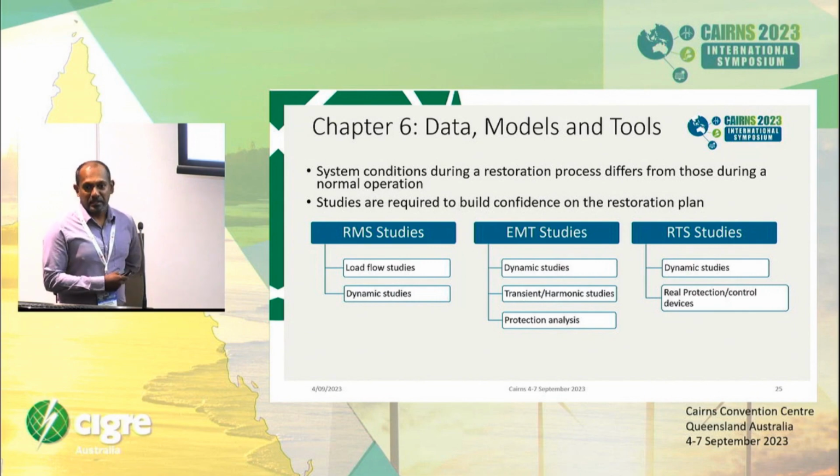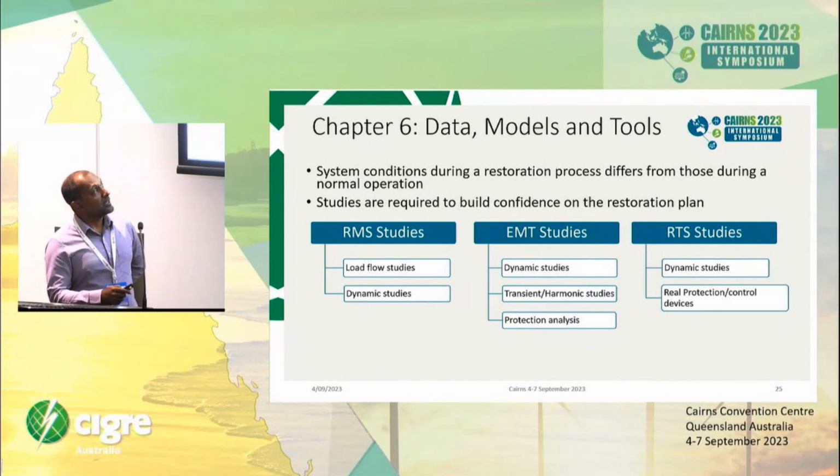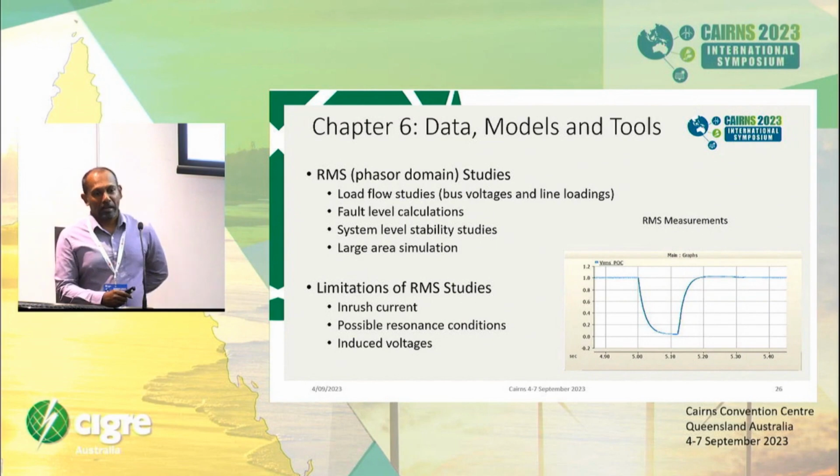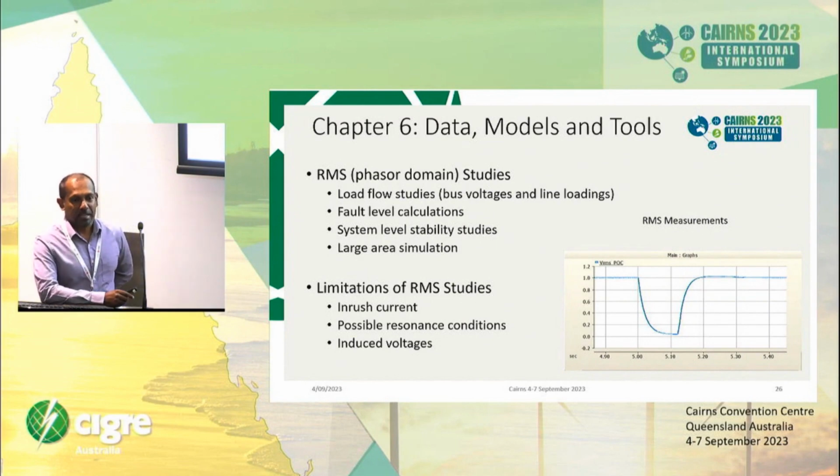Obviously RMS studies, phasor domain studies, then EMT or electromagnetic transient studies, and also real-time simulation studies may be involved in any study of the black start restoration process. When it comes to RMS studies, we know this is very common, and people heavily use it for load flow analysis and system stability.